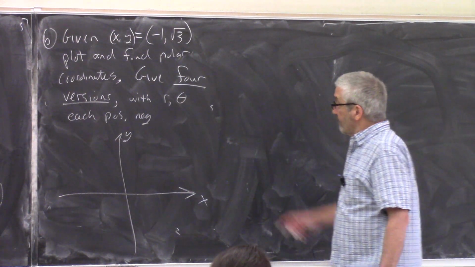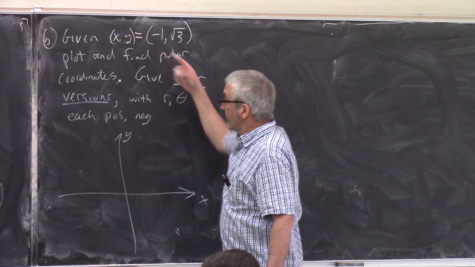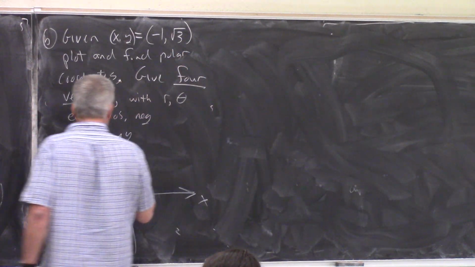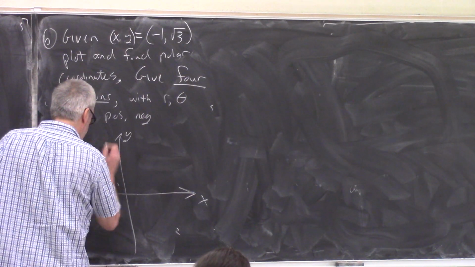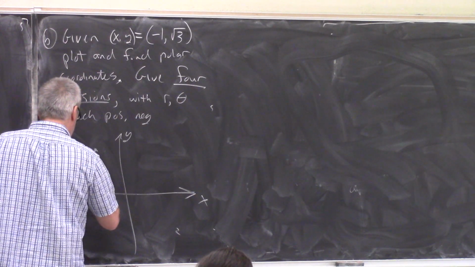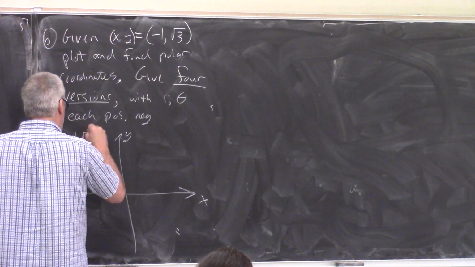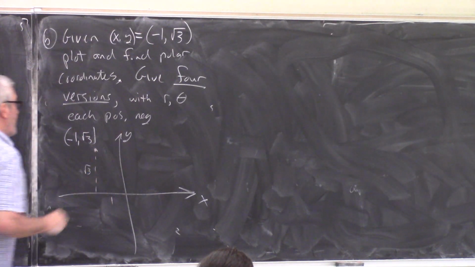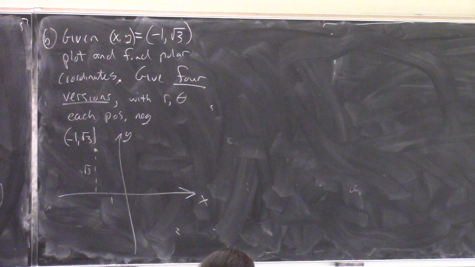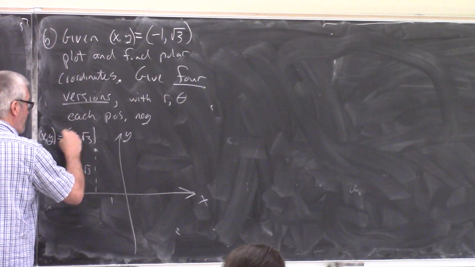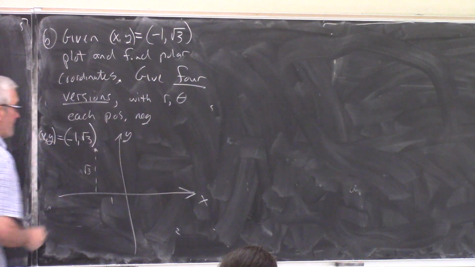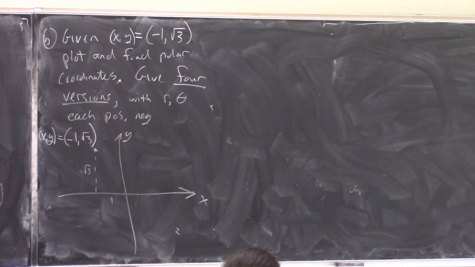Okay, so this means we got to go 1 to the left and radical 3 up. So there's my ordered pair, -1, radical 3. And again, we should label that with x, y to hit the reader over the head with it and tell them these are the Cartesian coordinates.